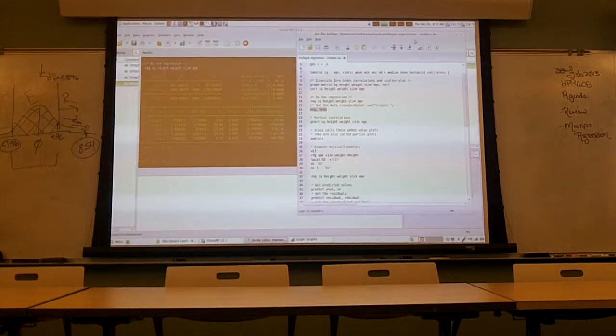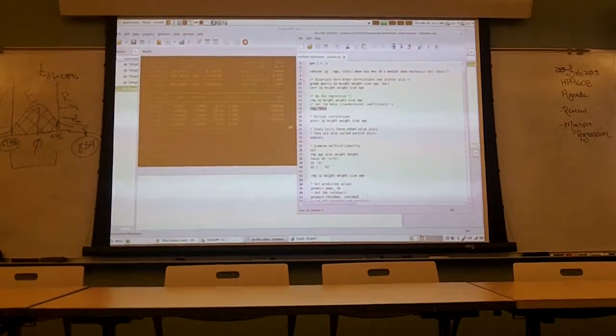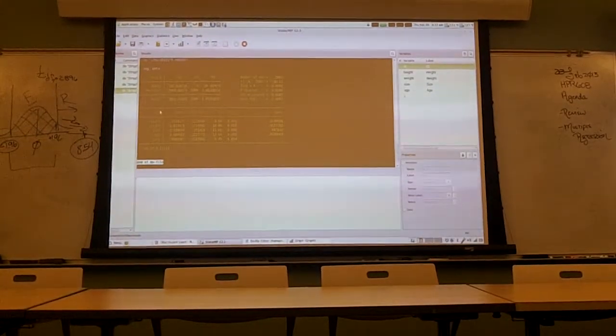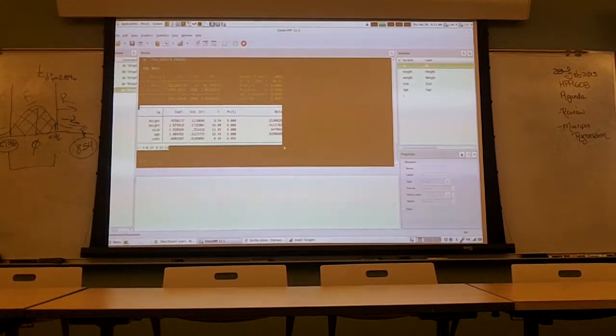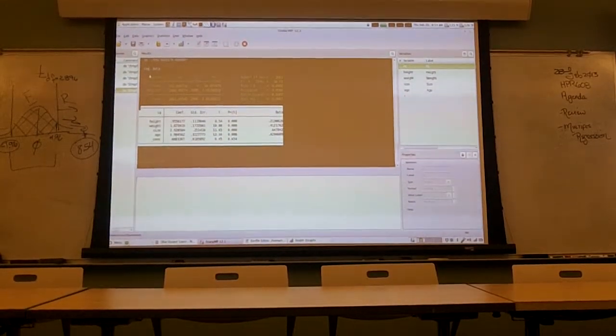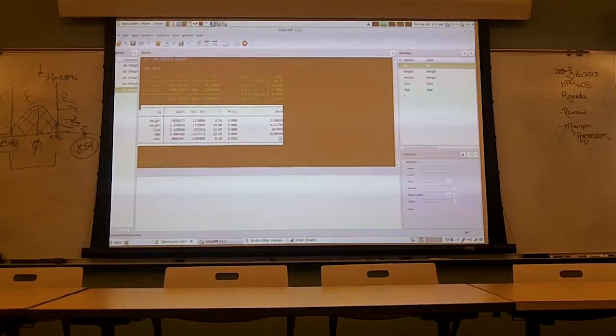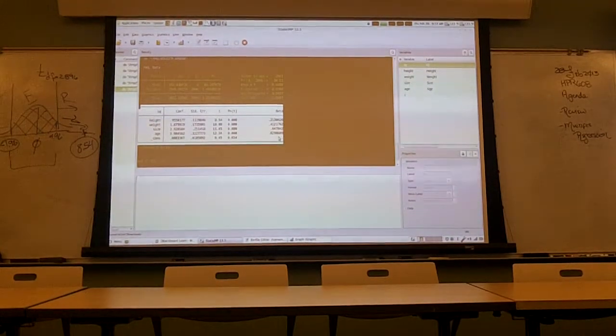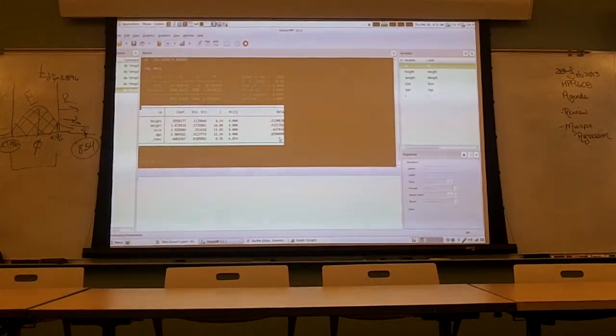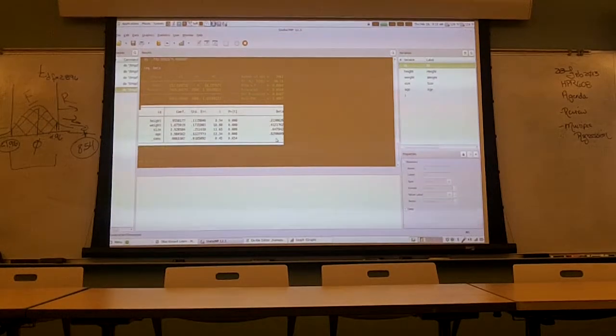Oh, we haven't done that yet. What we're going to do next is look at the standardized coefficients. To do that, we're just going to do reg comma beta. And it's going to give us these beta coefficients. If you remember from last time we met, the beta coefficients are standardized coefficients.